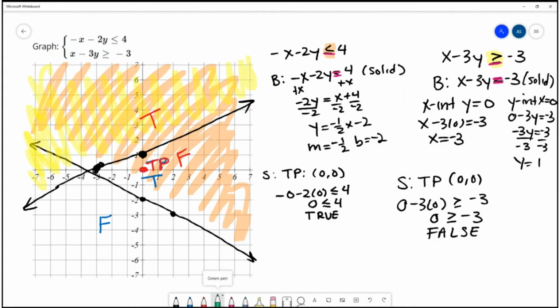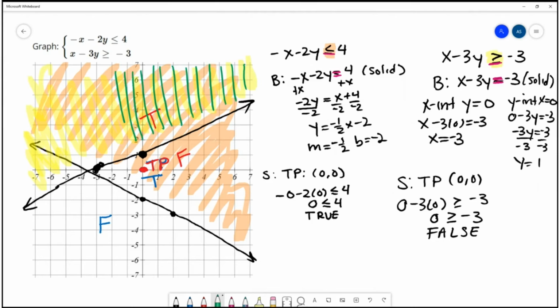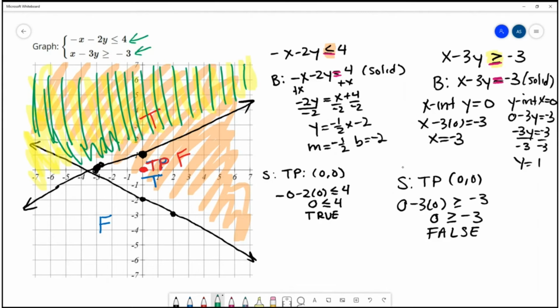Solutions to the overall system are going to be in this region here, where the two different colored shadings overlap each other. So this region contains ordered pairs that are solutions to both inequalities, and we also want to include this boundary line as well as this boundary line in the solution set.